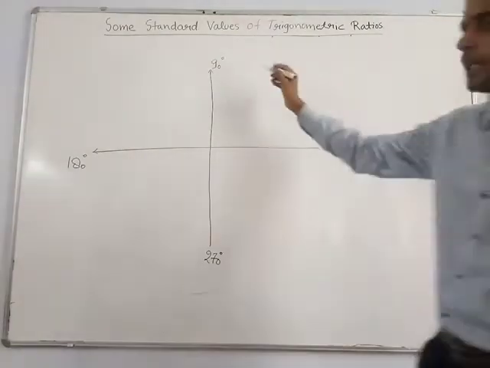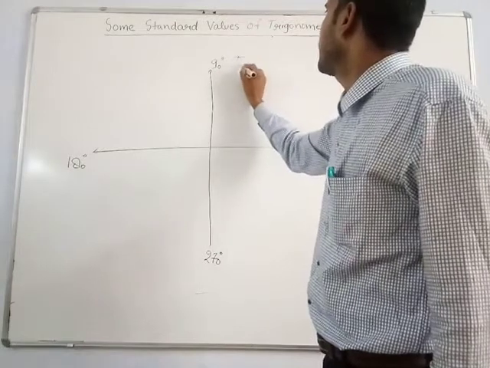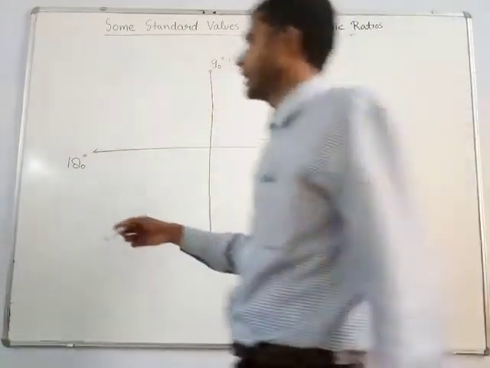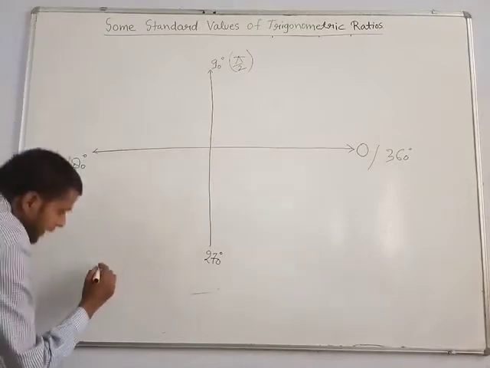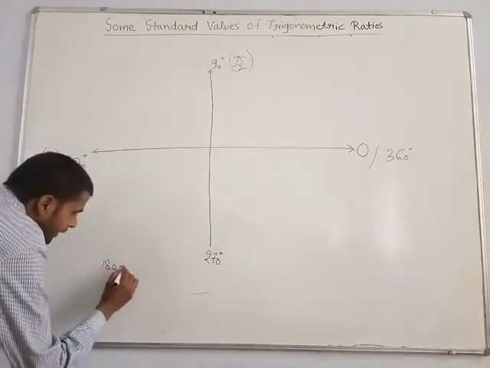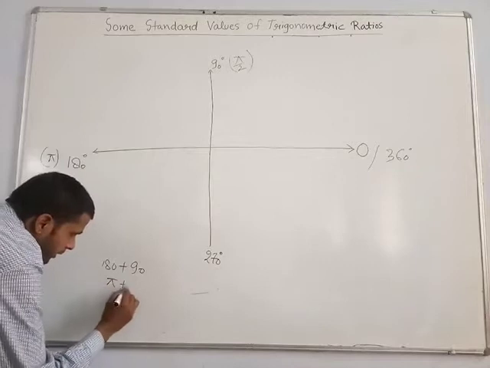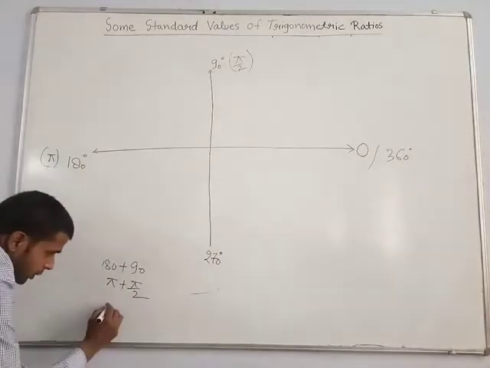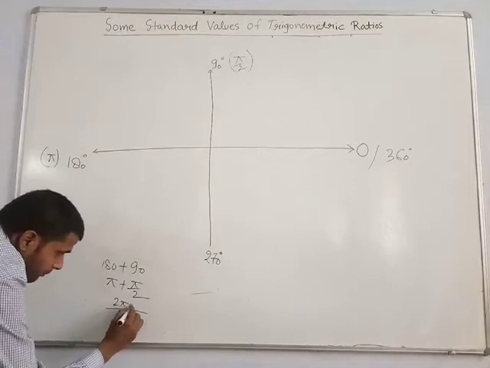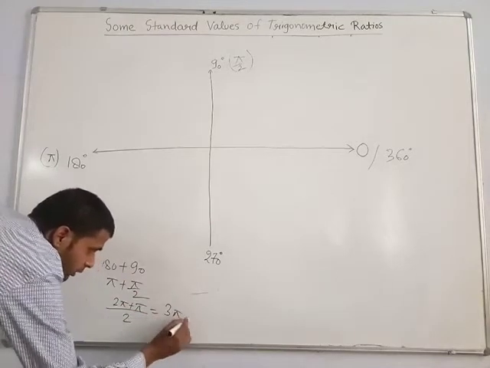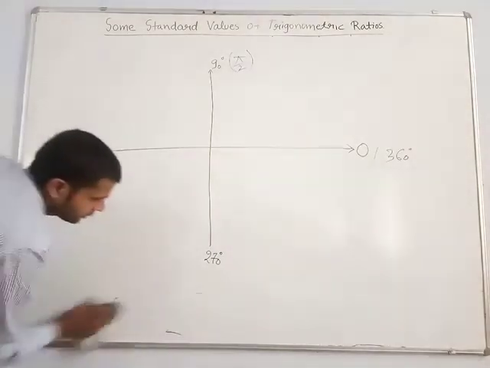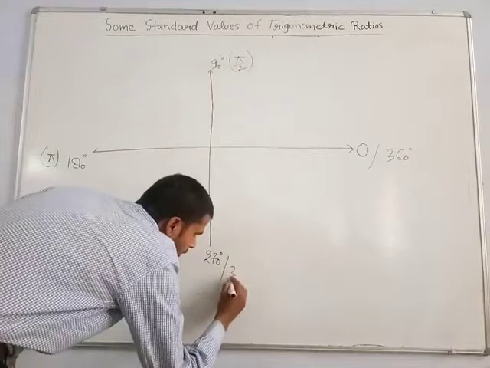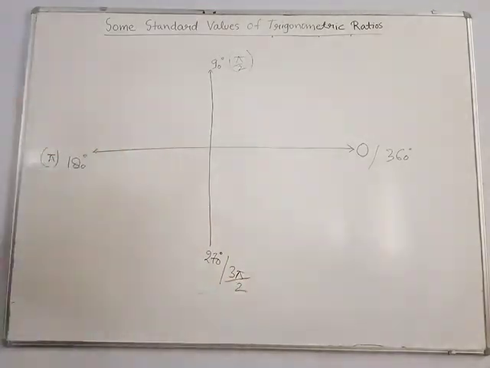So 0 degree, 90 degree is pi upon 2, 180 is simply pi, and value of 270 is 180 plus 90. So value 180 is pi, 90 is pi upon 2. So 2 pi plus pi, that is 3 pi upon 2. So value of 270 is 3 pi upon 2, right?